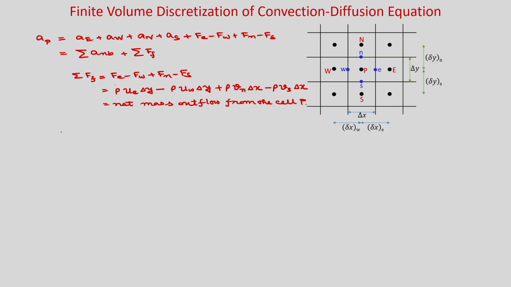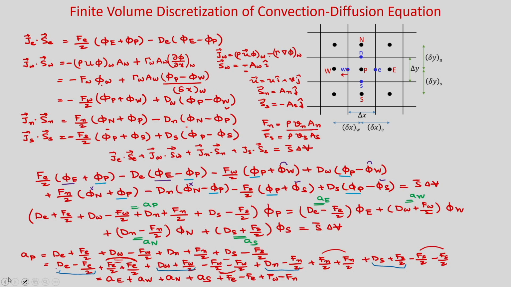So, now you can write the final form of the discretized equation. You can write Ap phi p is equal to Ae, so look at this one. This is your discretized equation. You can write Ae phi e plus Aw phi w plus An phi n plus As phi s.